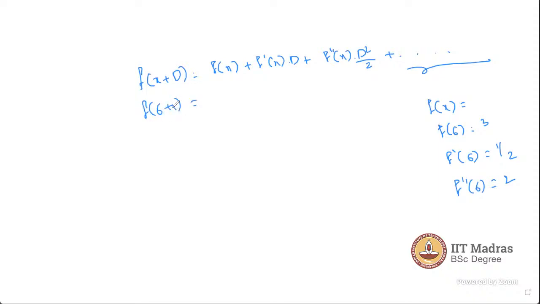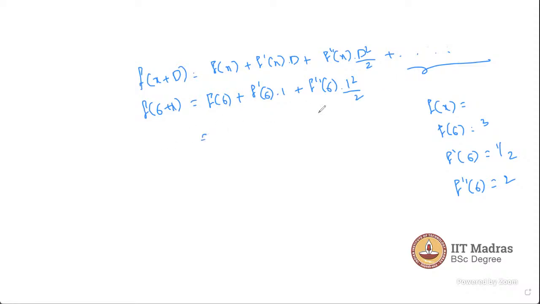This will be equal to f of 6 plus, with D equal to 1, f dash of 6 into 1 plus f double dash of 6 into 1 square by 2. We will ignore the higher order terms, that is f triple dash of x into D cube by 3 and so on.